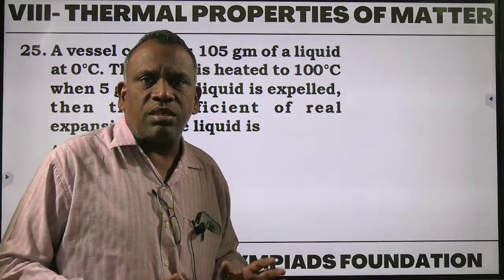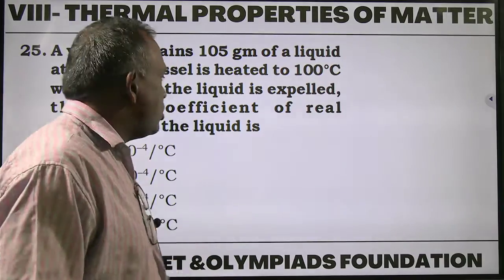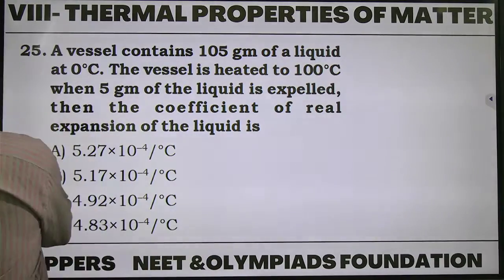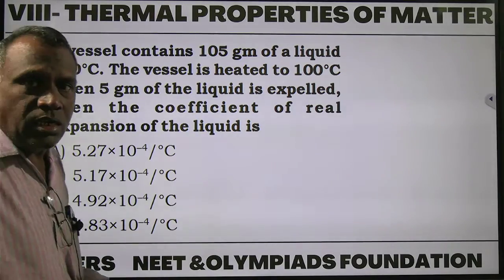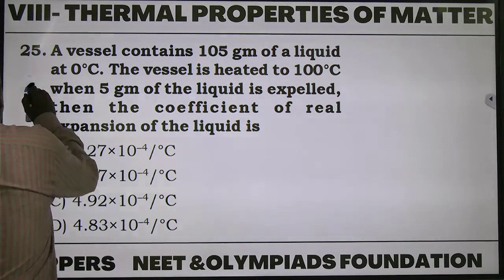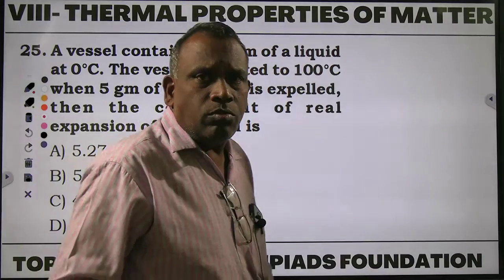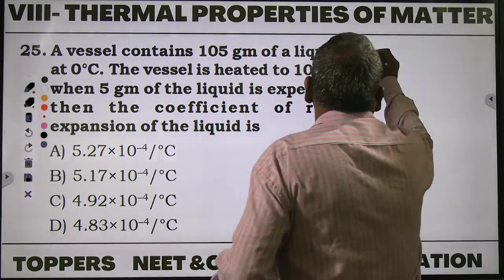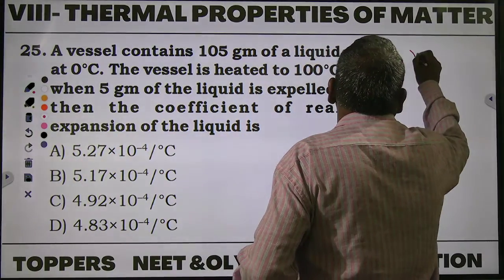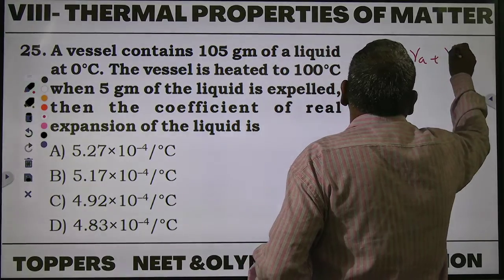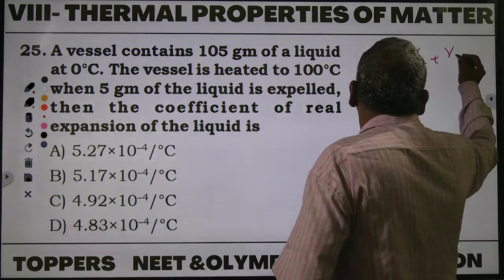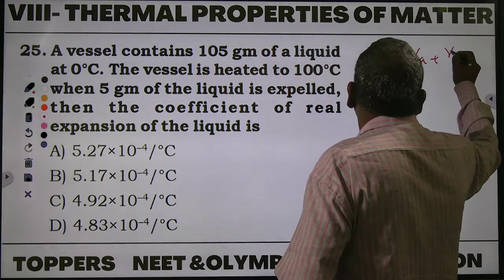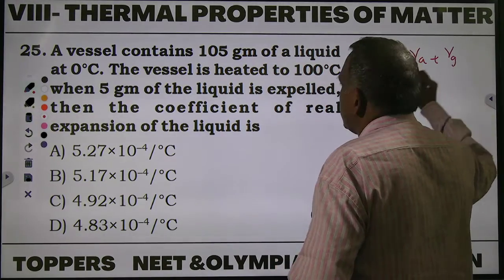What is the formula? Coefficient of real expansion is equal to coefficient of apparent expansion plus coefficient of container expansion, that is gamma G.